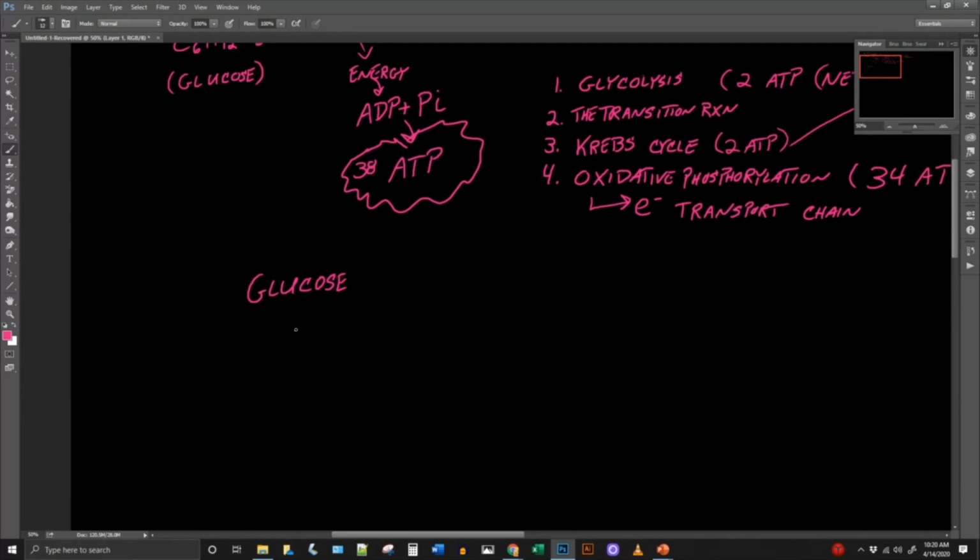Okay. In glycolysis, this is an anaerobic process. So glycolysis doesn't involve oxygen. You break this 6-carbon glucose into 2 3-carbon pyruvates.